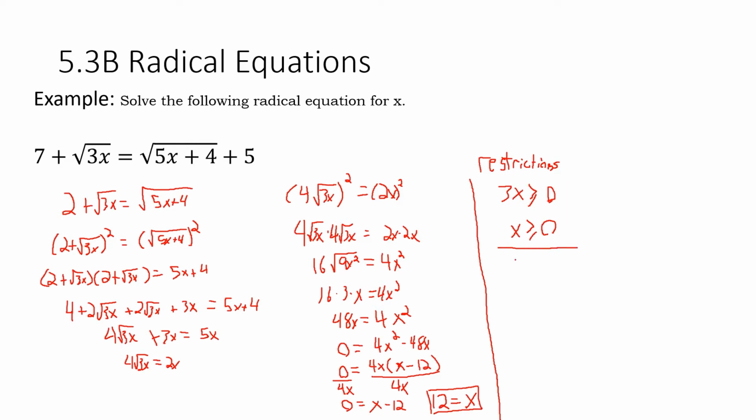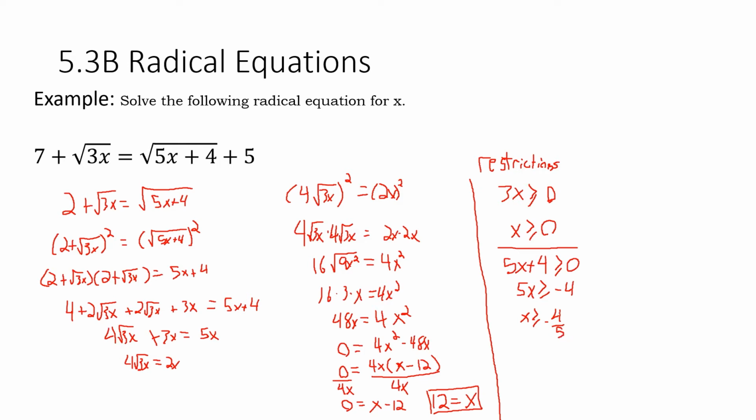That's one of them. The other one is that 5x plus 4 must be greater than or equal to 0. Bring the 4 over to the other side by subtracting 4 from both sides. Find that 5x must be greater than or equal to negative 4. And divide both sides by 5 to find that x must be greater than or equal to negative 4/5.